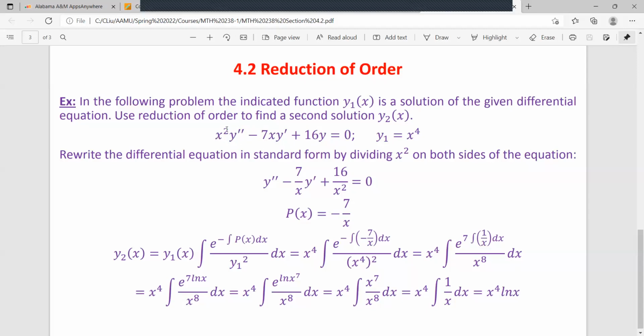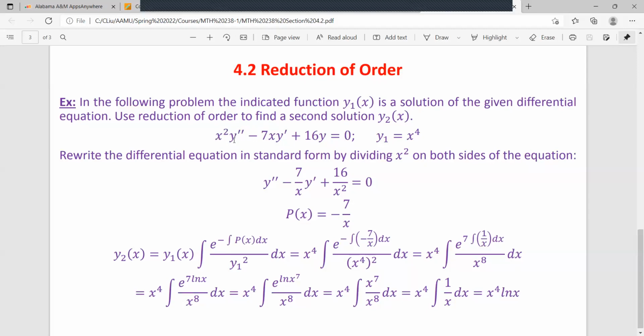We have x squared as the coefficient for the y double prime. So we need to divide by x squared on both sides to make it standard. So if you do that, you just divide the equation by x squared on both sides, and that will give us y double prime minus 7 over x y prime plus 16 over x squared y.